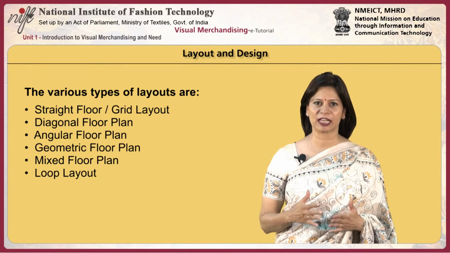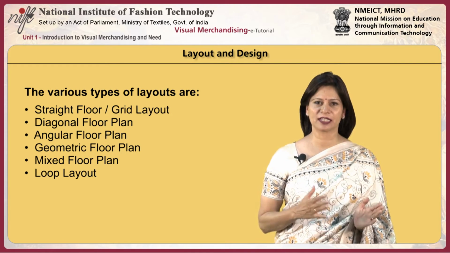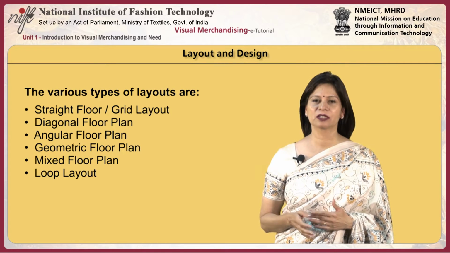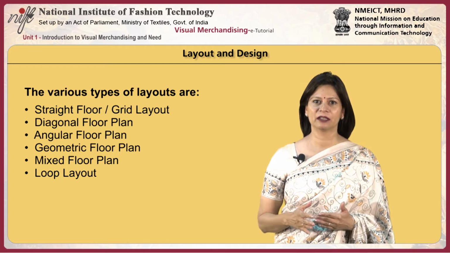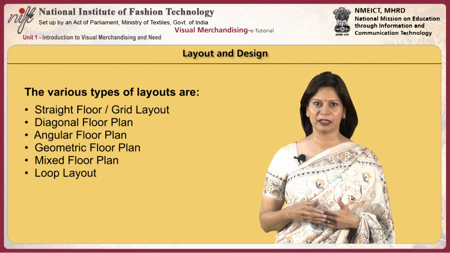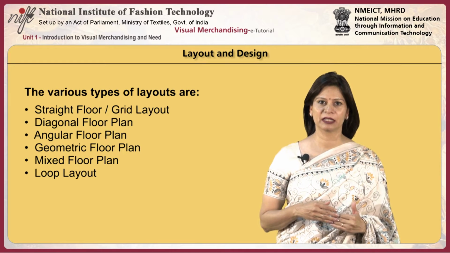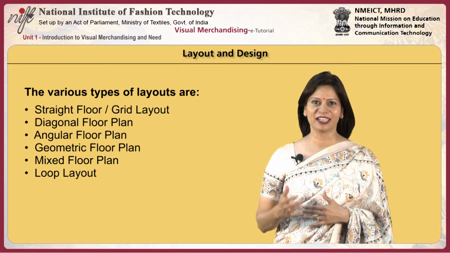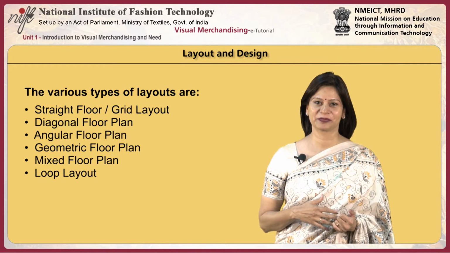There are various types of layouts. This includes straight floor or grid layout, diagonal floor plan, angular floor plan, geometric floor plan, mixed floor plan, and loop layout. Let us now learn about each of them.